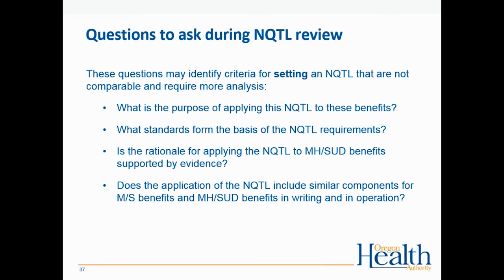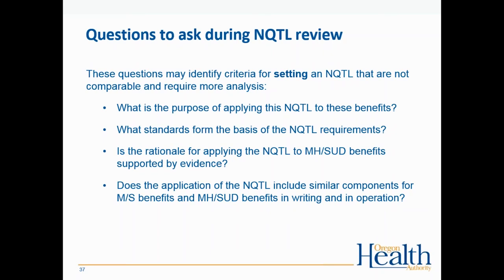So questions to ask during the NQTL review, some of these questions relate to the criteria for setting an NQTL, and we want to check to see if NQTLs are not comparable and require more analysis. So we want to understand the purpose of applying an NQTL to these benefits, and the idea here is, is this for the convenience of or for other reasons than best practices, a regular and predictable process and external standards.